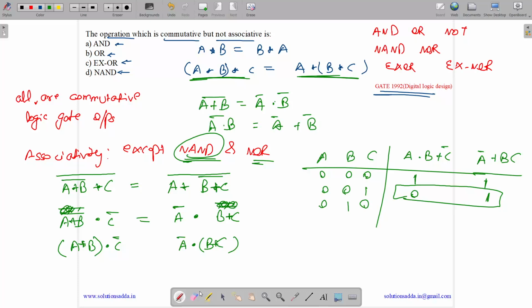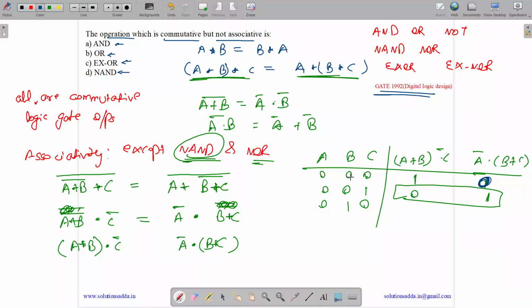Now let us see the values of this. So we have over here A plus B into C complement, and A complement into B plus C. For the value 000, we have A plus B as 0, C complement as 1, so it comes out to be 1. We have A complement as 1, 1 into B plus C is 0, so it comes out to be 0.